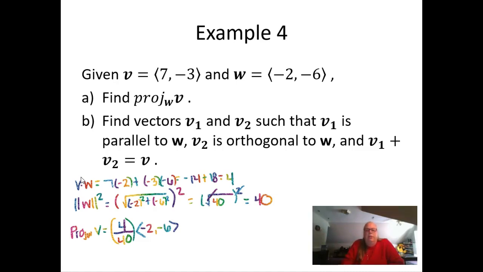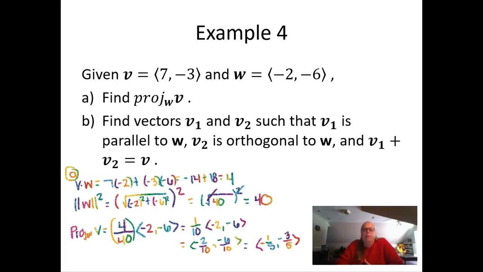Now this fraction right here is actually going to reduce to 1 over 10, so I really have 1 over 10 times the vector negative 2, negative 6. This is going to give me negative 2 over 10, negative 6 over 10, but these fractions will reduce. They do, in fact, reduce to negative 1/5 and negative 3/5. And that is part A.